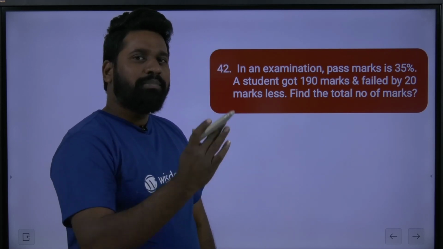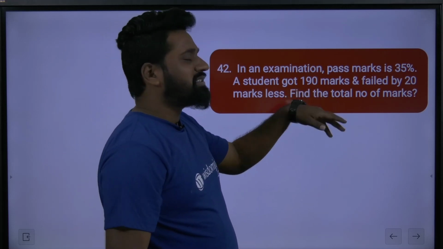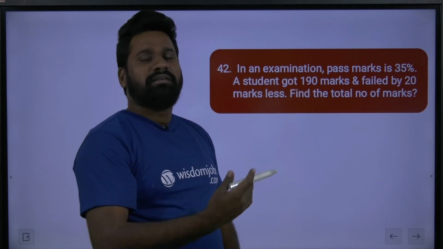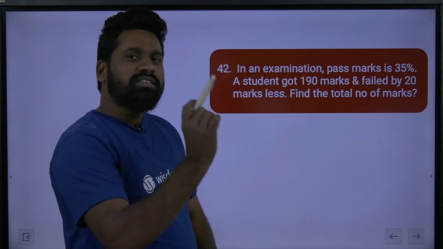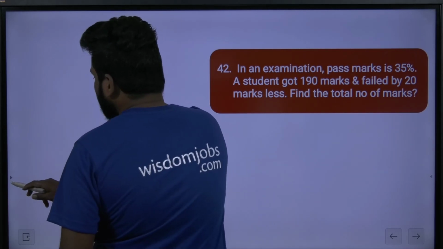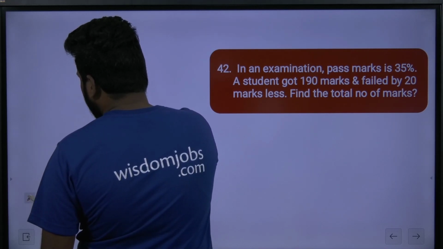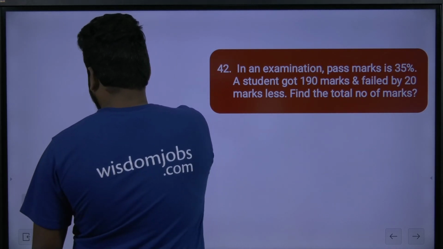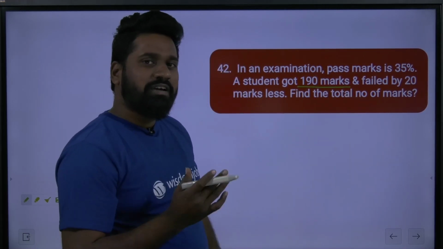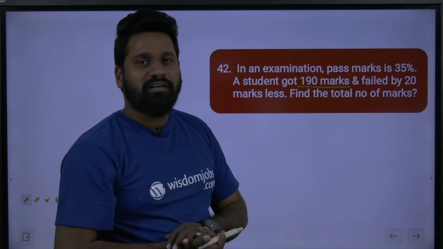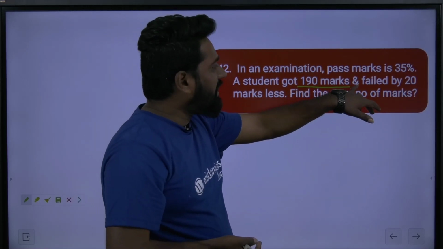Is it clear? In the previous question, some percentage was given, like 32% of the marks he got and failed by 6 marks. Instead of that 32%, directly the number of marks is given. It's very simple if you compare with that question. Here directly 190 marks he got is given, and failed by 20 is given.